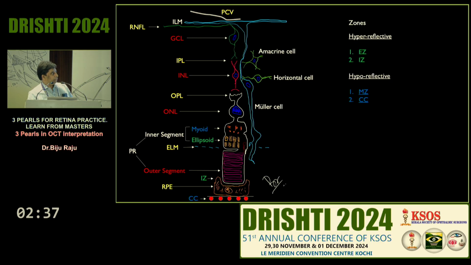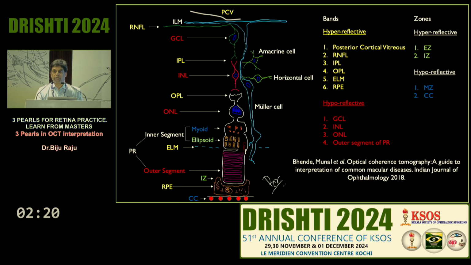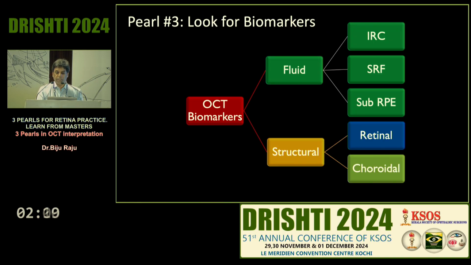And the hyperreflective zones are the ellipsoid and the interdigitating zone, and the hyporeflective ones being the myoid and choriocapillaris. These are the layers of the retina. We clearly don't have a clear-cut idea what is actually contributing to the bands and zones in the retina on OCT. So this is a summary of the facts that I just mentioned, and this is well described in the article by Dr. Munna Bende in the Indian Journal of Ophthalmology.